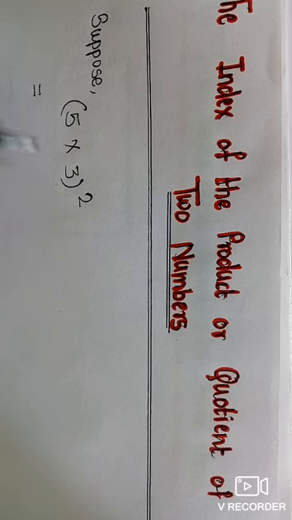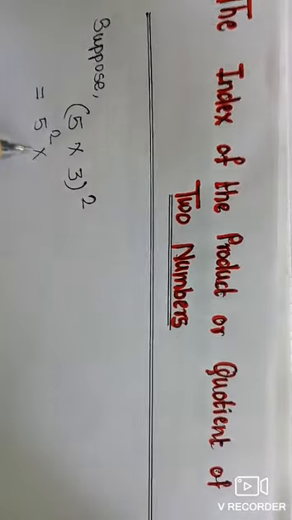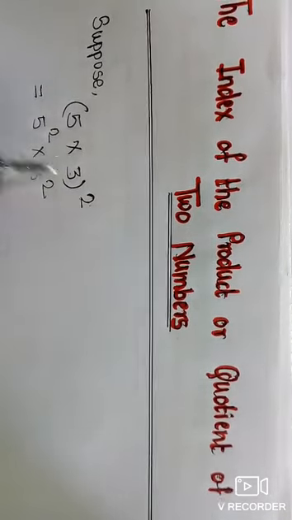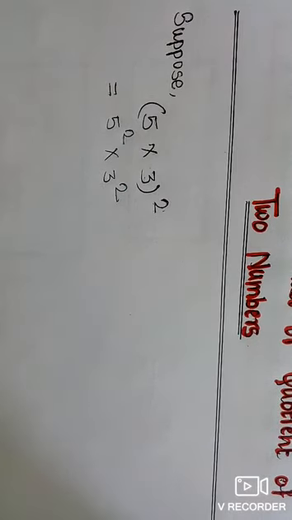Here 5 and 3 are multiplied and both of them have index 2. So this index is common for both numbers. So you can write it as 5 raised to 2 multiplied by 3 raised to 2. That means this index applies to both numbers. It is a simple rule.